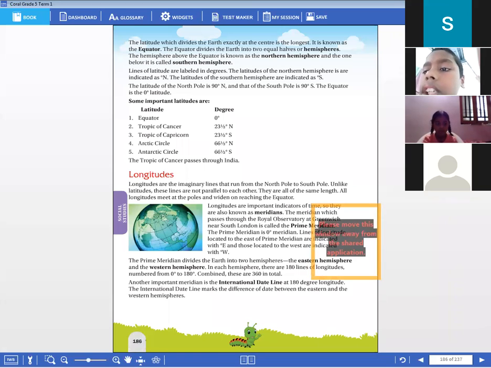Longitudes is second para, ma'am. Okay, second para. We have completed latitudes and we are still discussing longitudes, right? Yes, ma'am. Okay. Good.